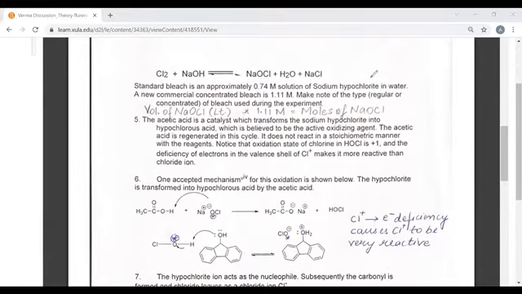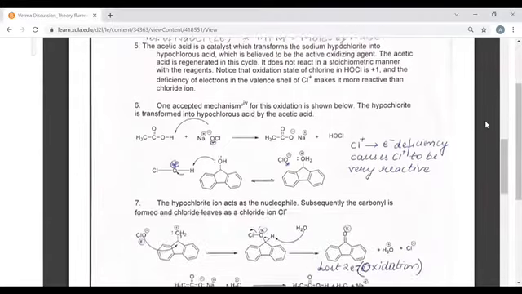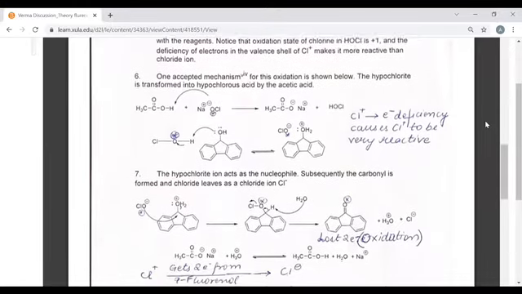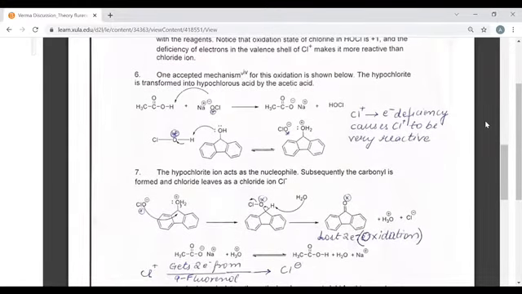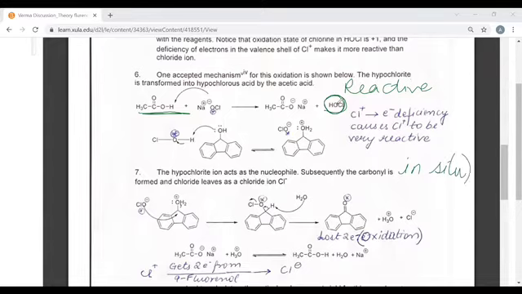Now, in this particular experiment, oxidation is going to occur. And how? Our catalyst is acetic acid. In presence of this acetic acid, a special intermediate is formed. Now, this intermediate is highly reactive and is generated in situ, which means within the reaction.